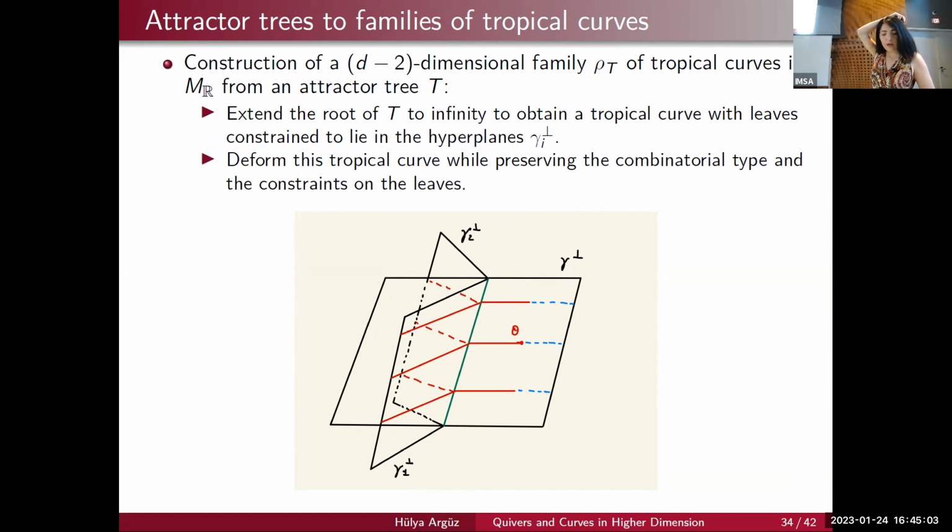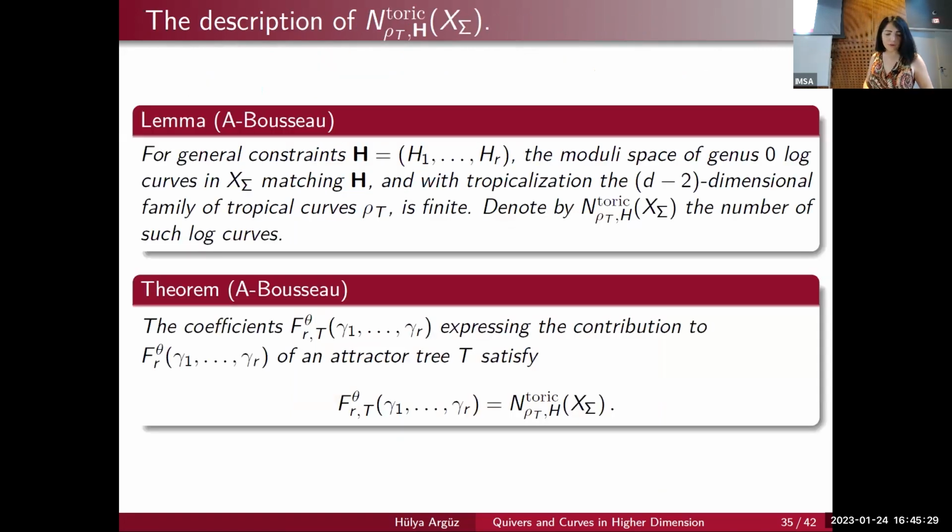And we consider the deformations of these tropical curves in (d-2)-dimensional families, which do trace out all our chambers gamma perps. And our goal is to try to find a correspondence theorem between these families of tropical curves that appear naturally and counts of log curves.